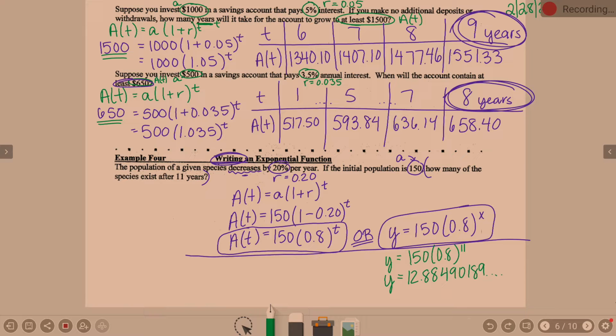I'm going to go with 13 because we're talking about how many of a species exist. We're going to probably give whole numbers. In this situation, I'm just going to say round to the closest number of 13. I know sometimes people will say, well, I would just argue 12 because we don't have a full 13. But we're just trying to figure out about how many would exist. And so approximately 13 is good.